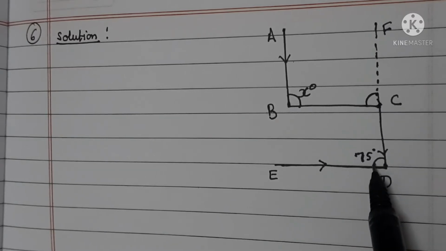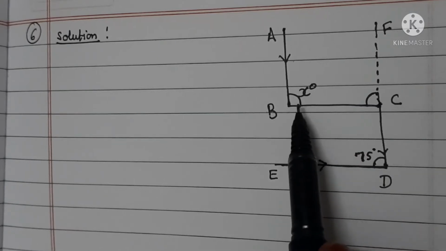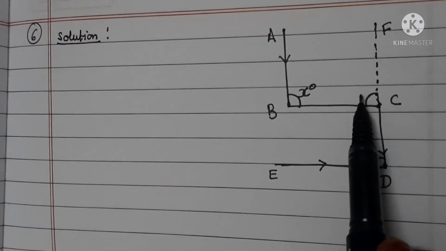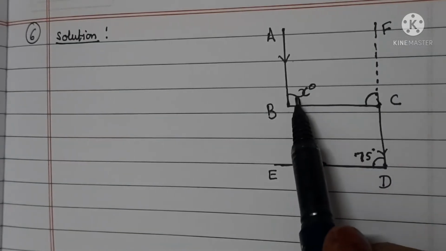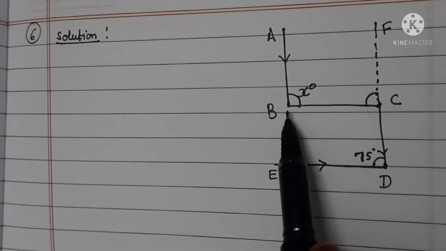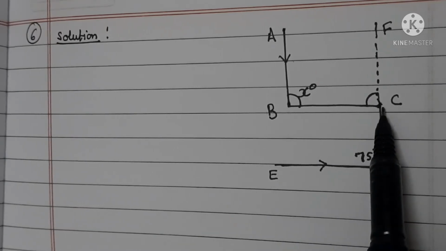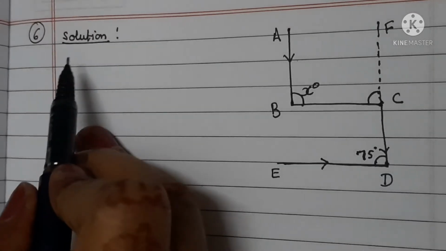So this is 75, this is also 75 degree, and because AB is parallel to FC, so these are the angles formed, co-interior angles. BC is the transversal, so this becomes angle 75 degrees.